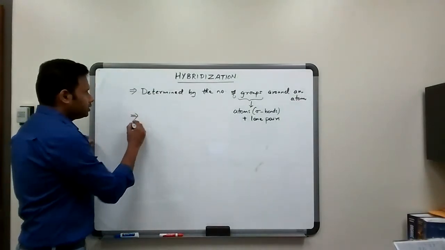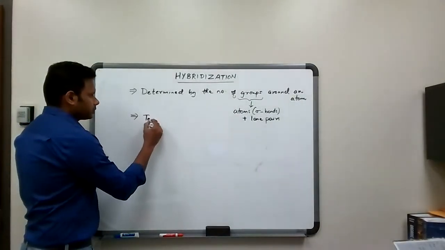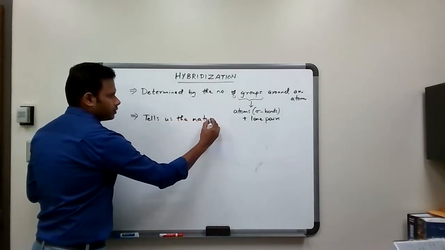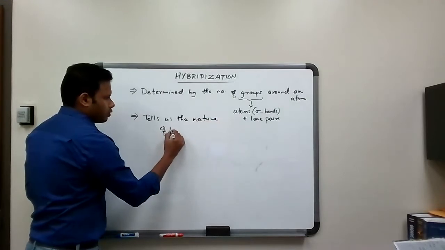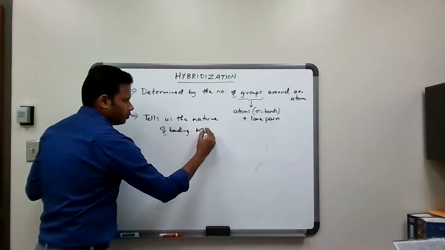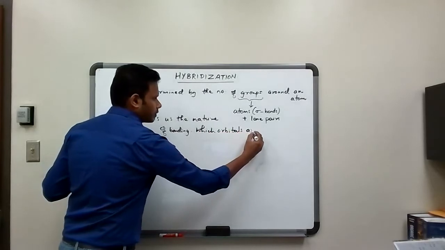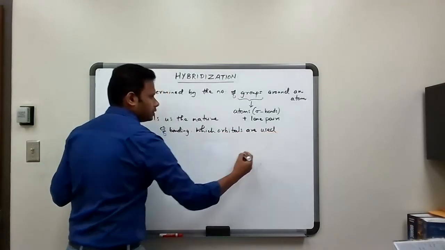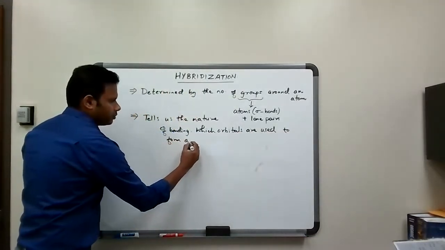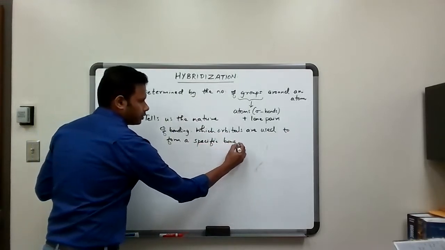And what does hybridization tell us? It tells us the nature of bonding, which orbitals are used to form a specific bond.